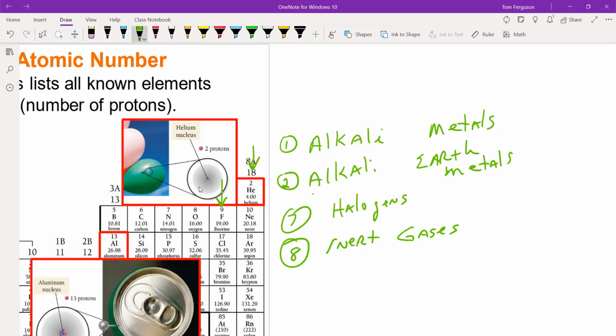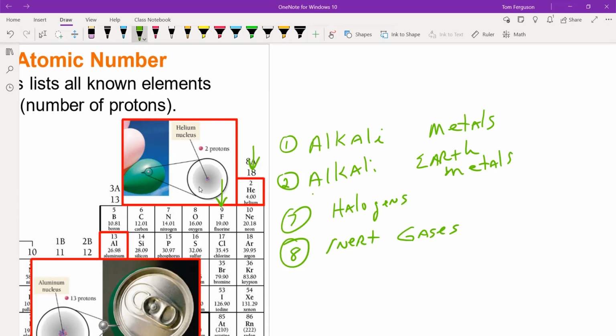Exactly. In other words, why is a gold ring better than a lead ring? I don't know, is it kind of like poison? Yeah, because lead reacts with your skin. The gold ring doesn't. Gold is more inert than lead.